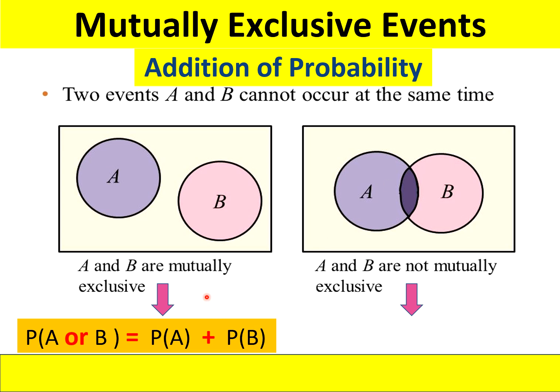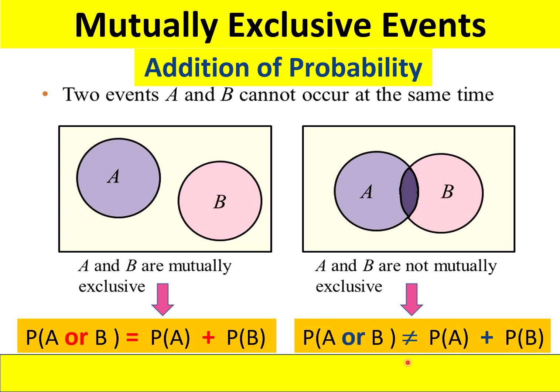You can only add the two probabilities together provided that they are mutually exclusive events. For non-mutually exclusive events, we cannot simply add them together. What we need to do is subtract the intersection.